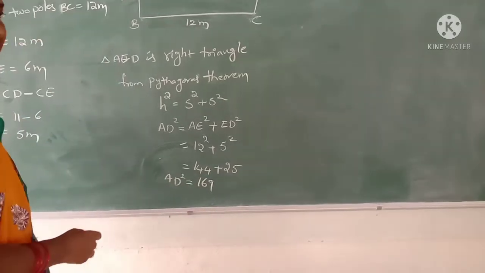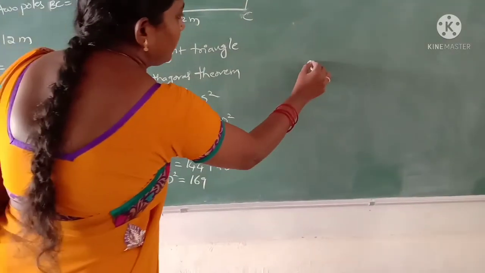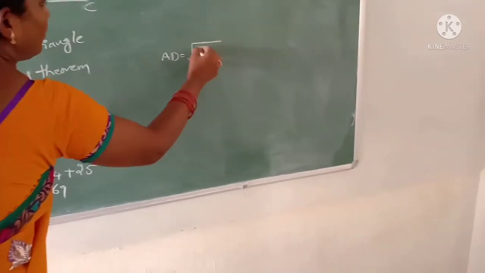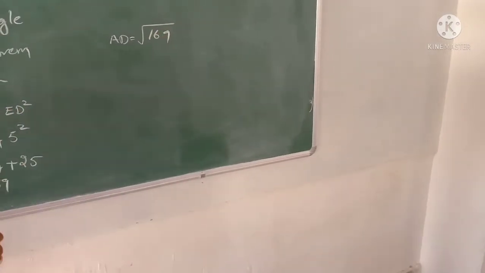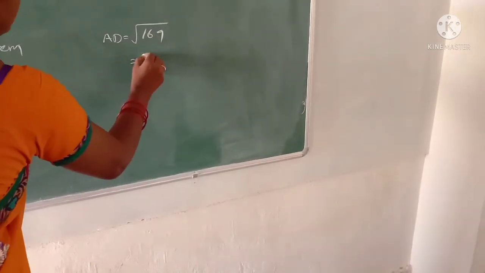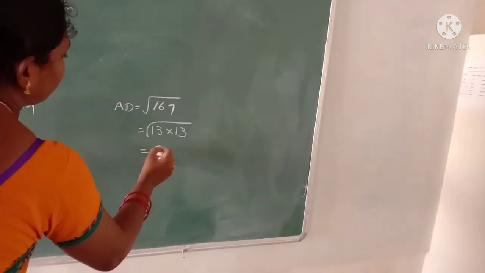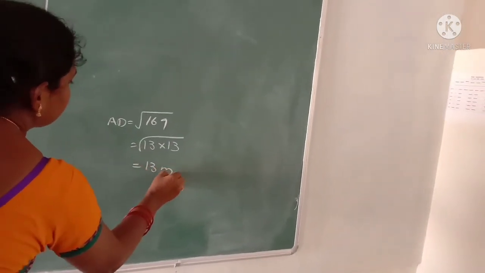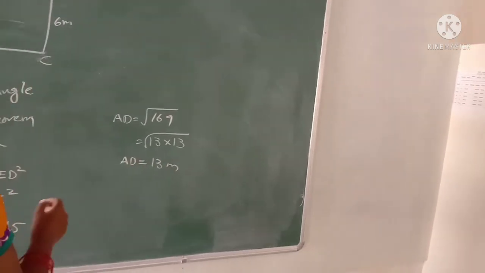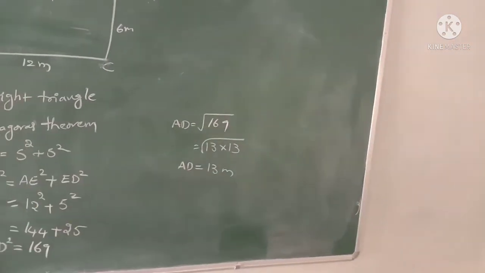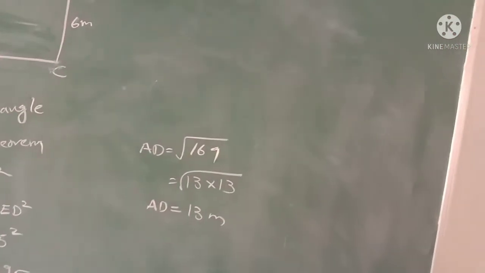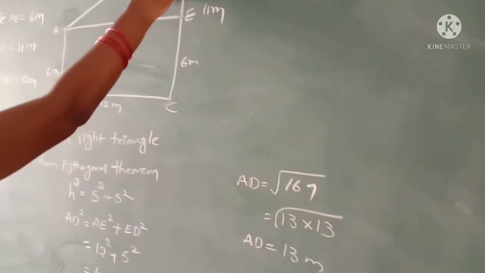AD square equal to 169. AD equal to root 169. So 169 means 13 into 13. That equals 13 meters. AD equal to 13. So what is the AD?